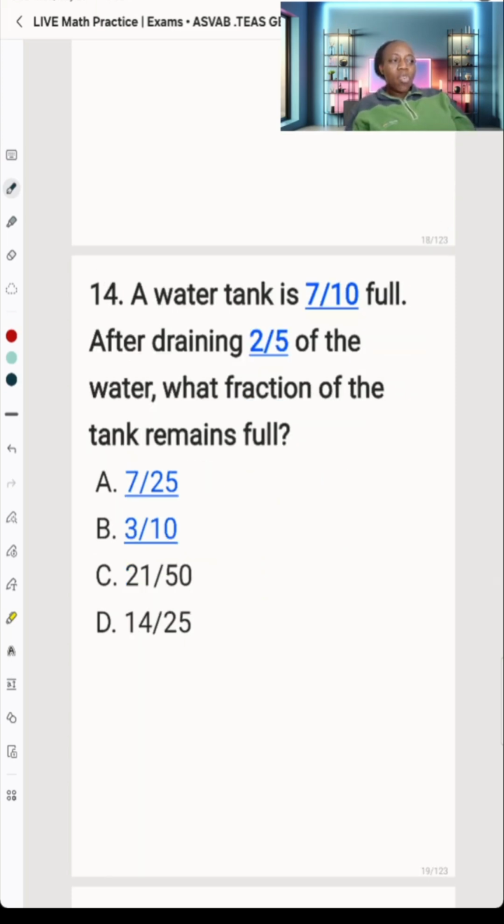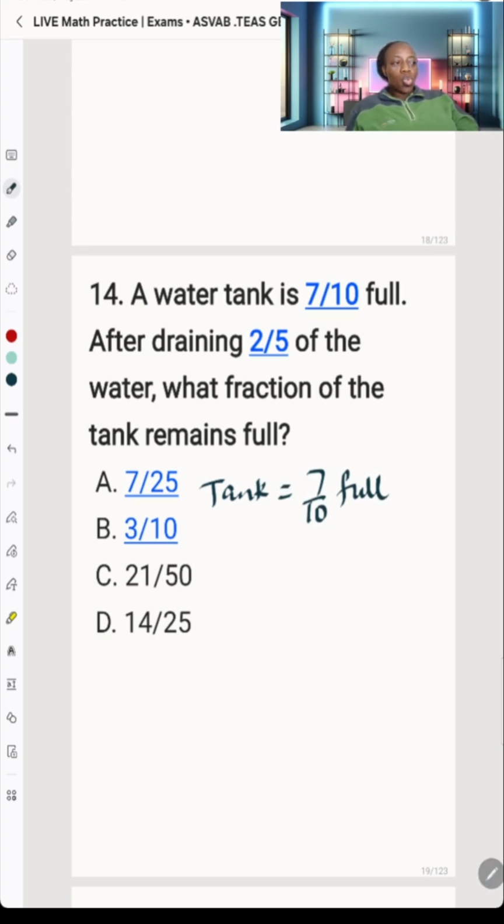A tank is 7/10 full. After draining 2/5 of the water, what fraction of the tank remains full? That is 7/10 full. Then, what do we drain?